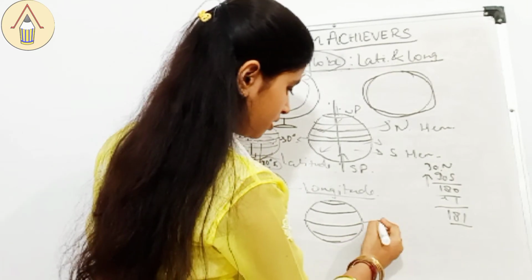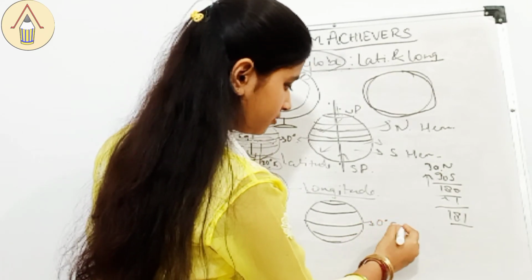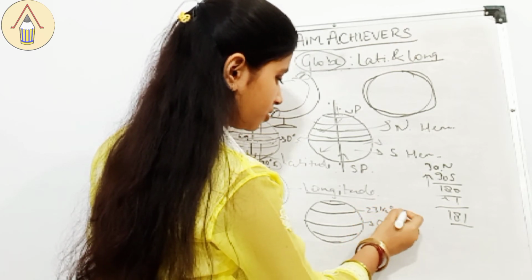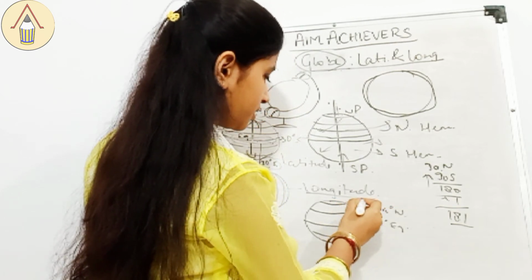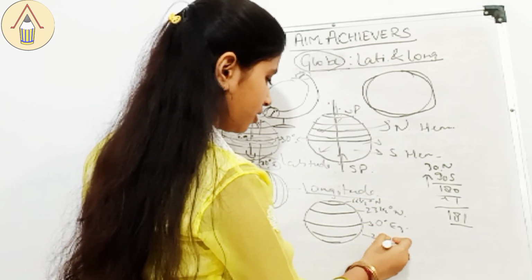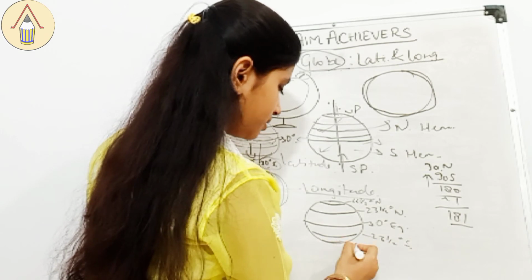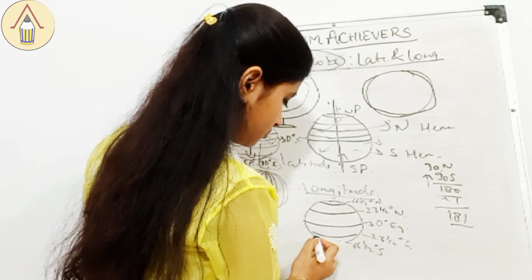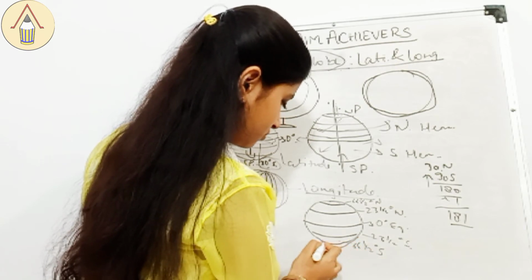First comes 0 degree equator. Okay. Next comes 23.5 degree north. Next comes 66.5 degree north. Same as here, 23.5 degree south and 66.5 degree south. Okay.